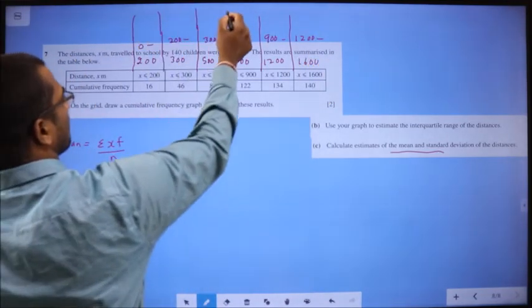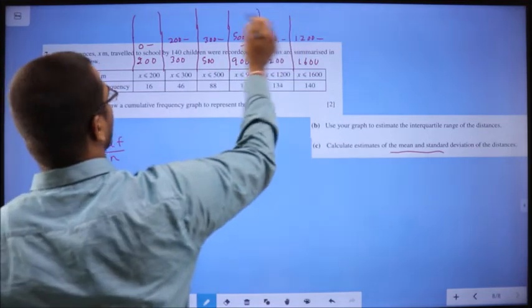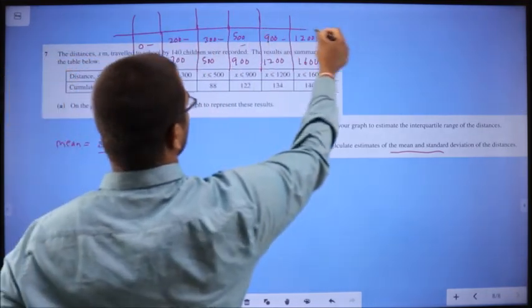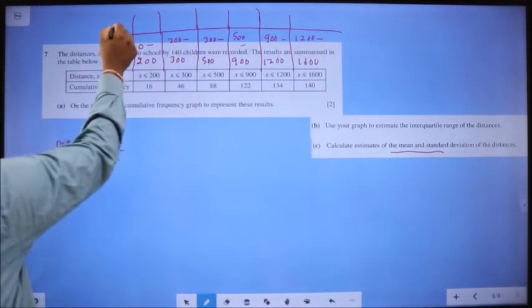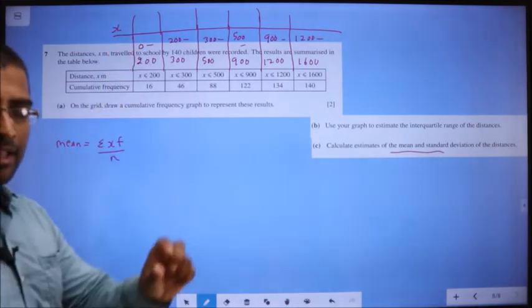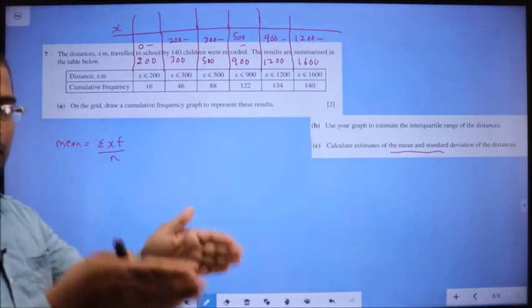Okay. Why did I write the class? To get the values of x. X value will be the mid value of the class.